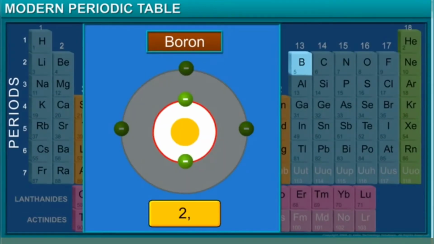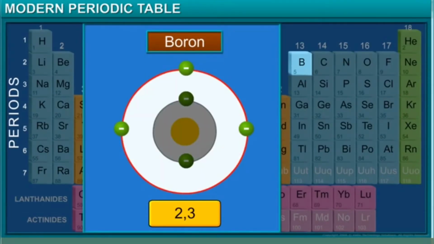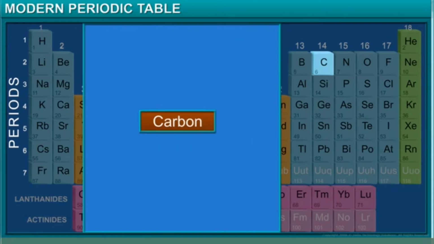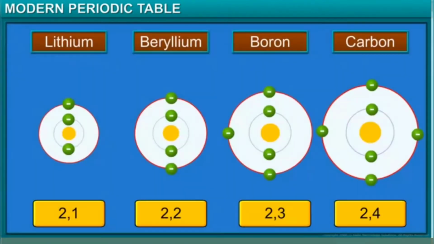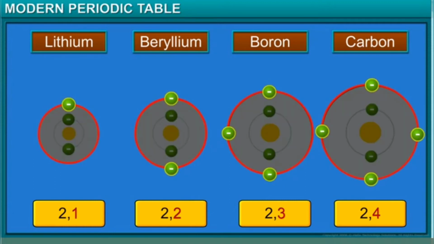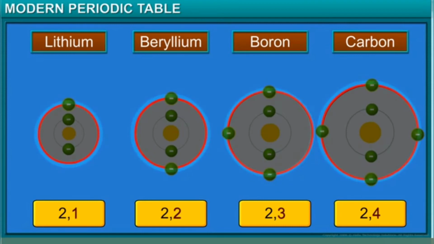Boron is 2, 3. Carbon is 2, 4. And so on. We can see that these elements do not have the same number of valence electrons, but they have the same number of shells.